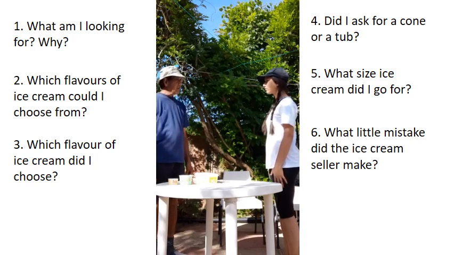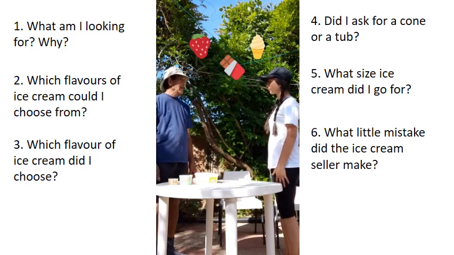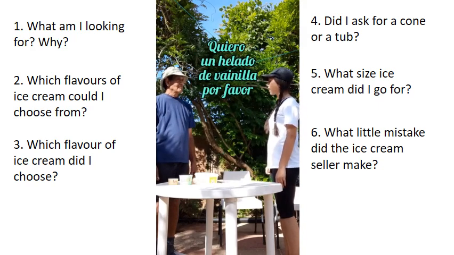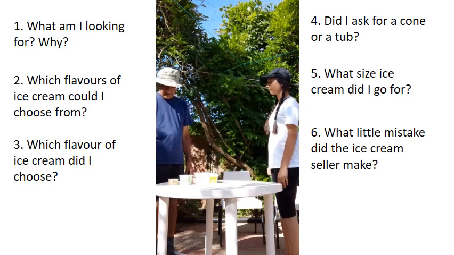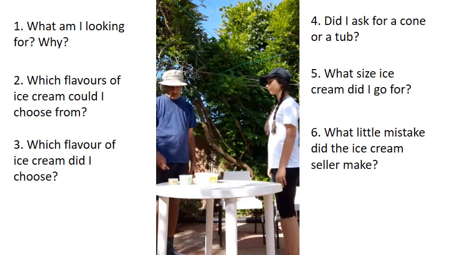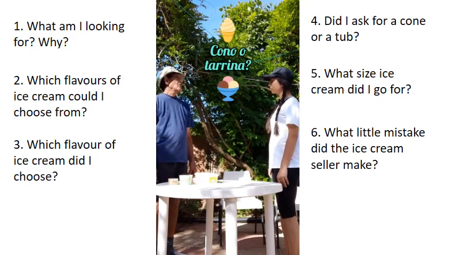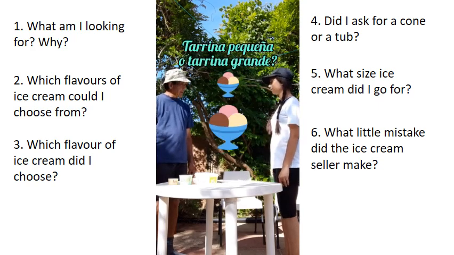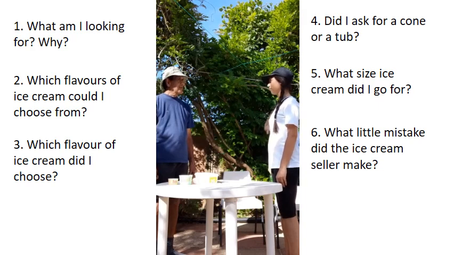Tengo fresas, chocolate o vainilla. Quiero un helado de vainilla, por favor. Un helado de vainilla, ¿cono o tarina? Una tarina, por favor. ¿Tarina pequeña o tarina grande? Una tarina grande, por favor.